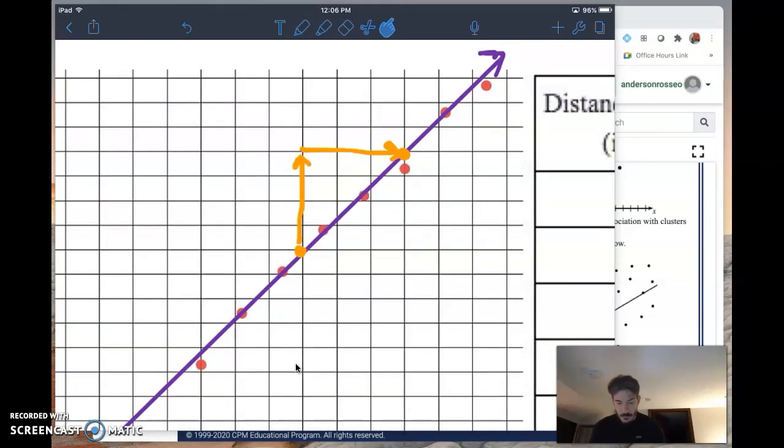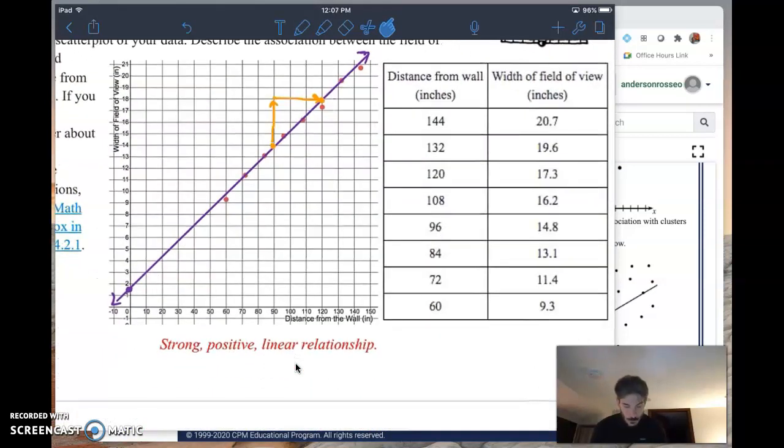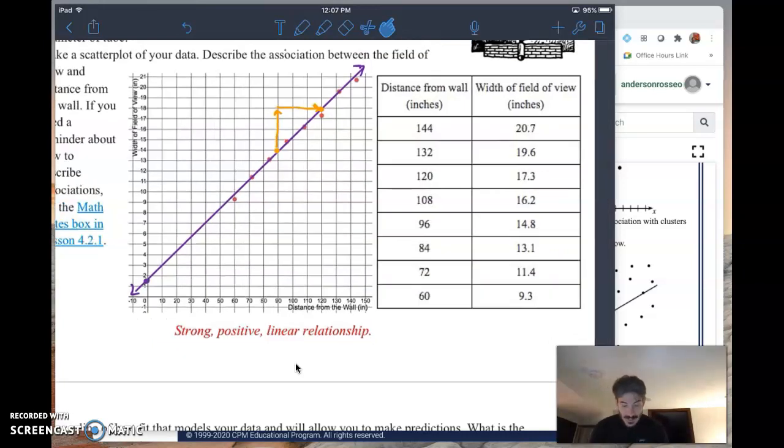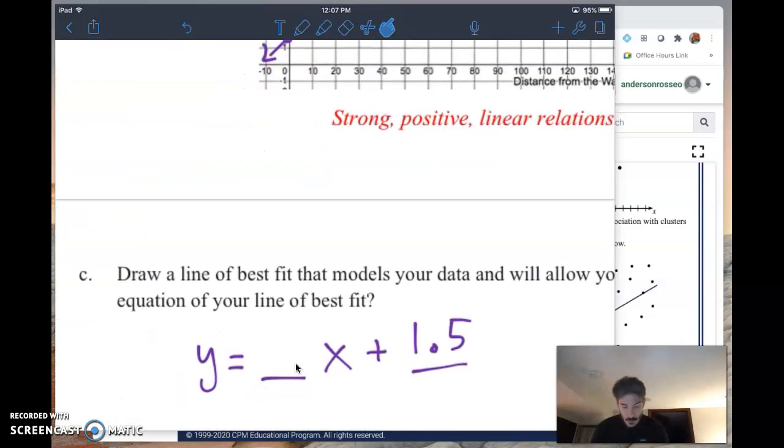Now, how many did I go up, and how many did I go over? Well, I went up from 14 all the way to 18, so I went up 4. And then I went over from 90 to 120, so that to me is 30. So I went up 4 and over 30. Now, a little bit of math might help me.